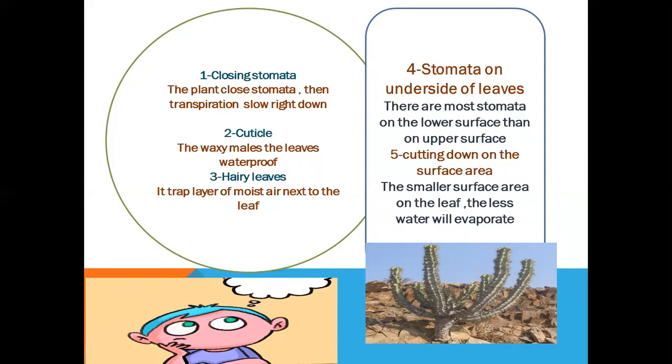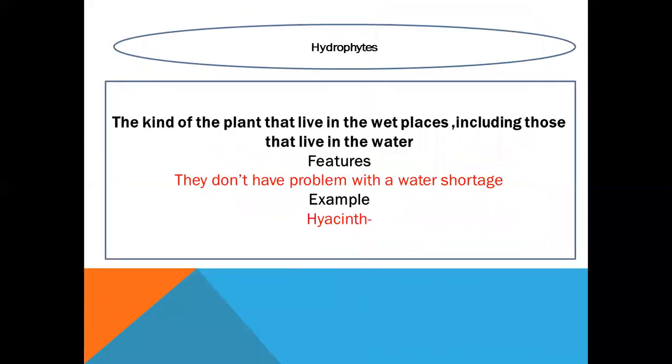the water vapor, or cutting down the large surface, to stop losing more water. This is about the loss of water vapor from the plant, and all these points I explained in the last part. But today I start with you a new part, hydrophytes, the kind of plants that live in wet places, including those that live in the water.